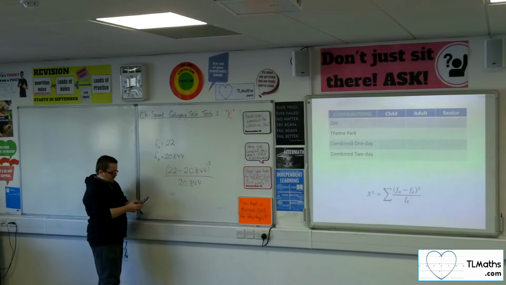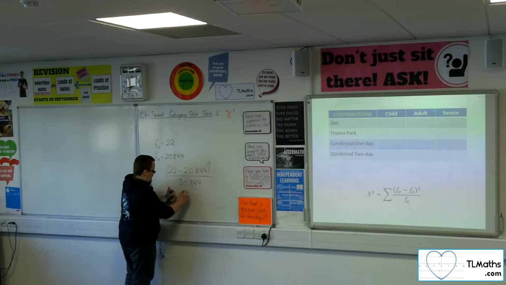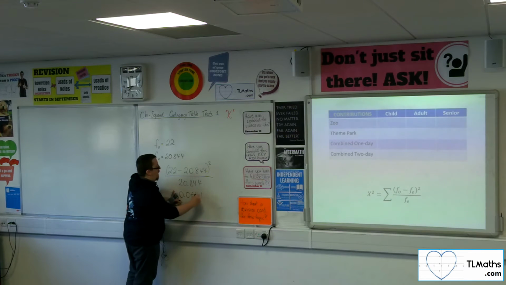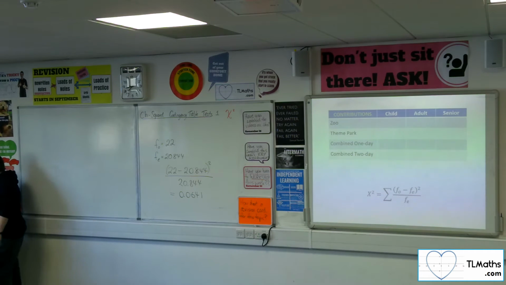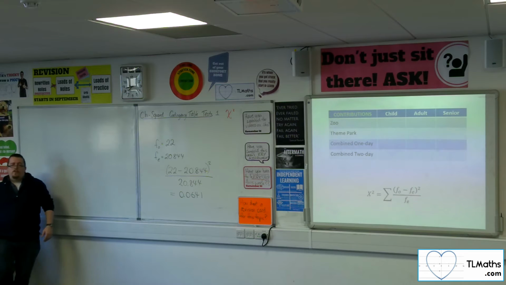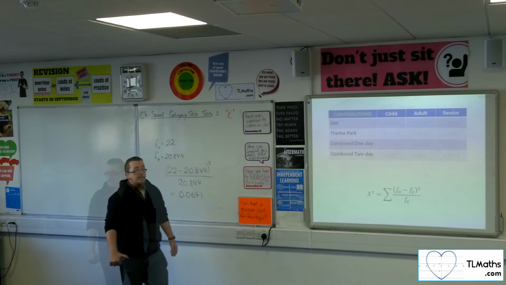So we need this as our initial value in the table, and I make it 0.0641. Okay, so that would be the first one in your table. You need to work out the rest.